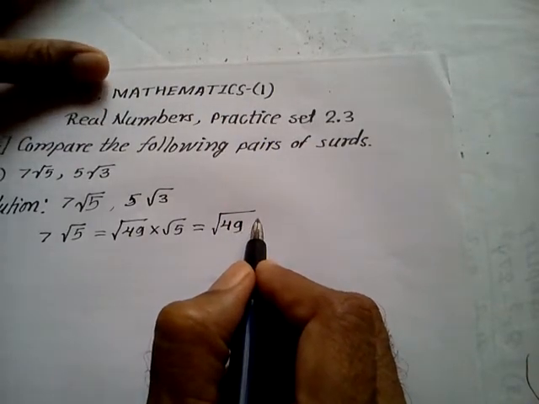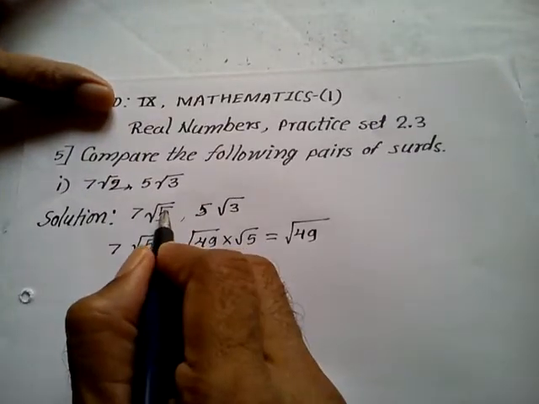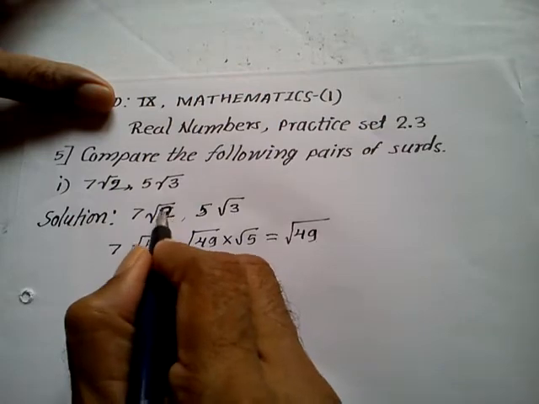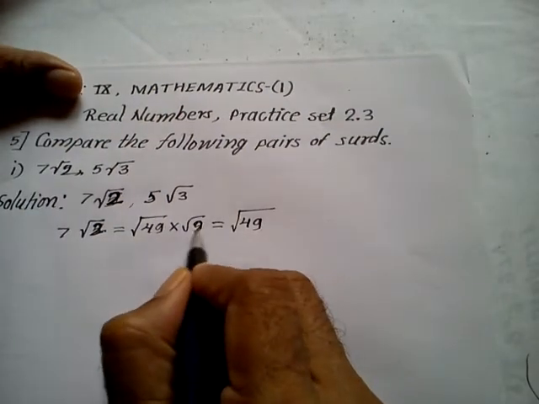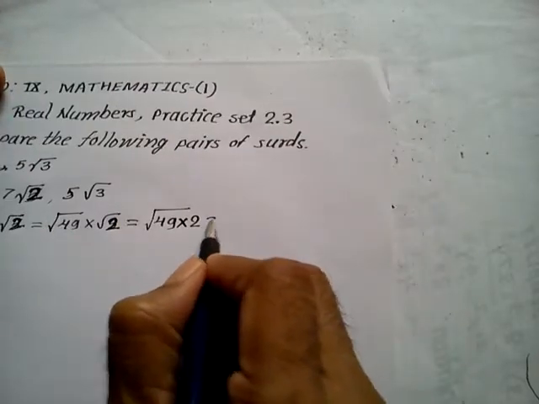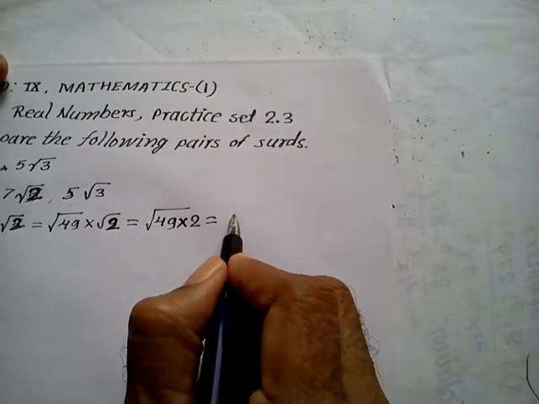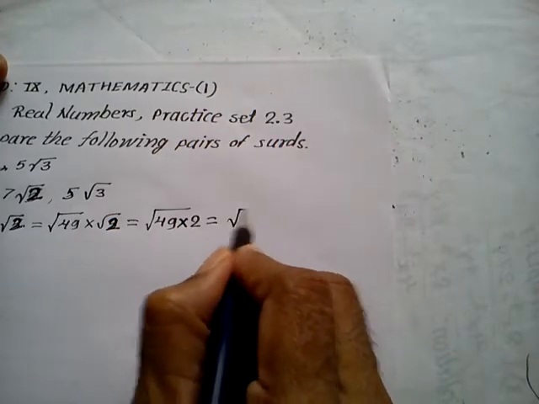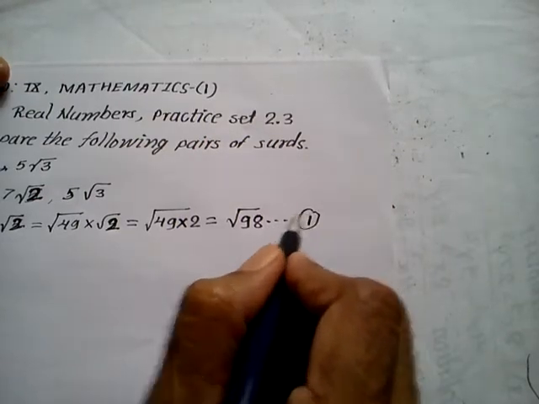In the first example, sorry, here is 2, not 5. Check the example, 2 is here. So 49 into 2 is equal to under root 98. This is equation first.